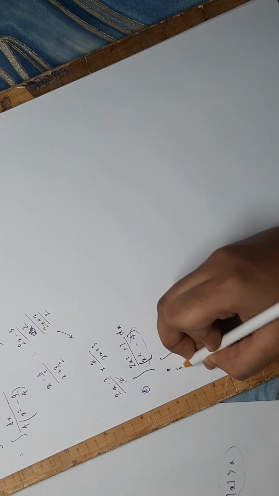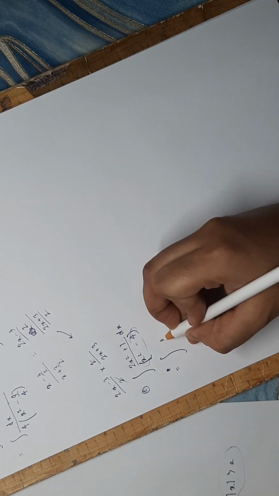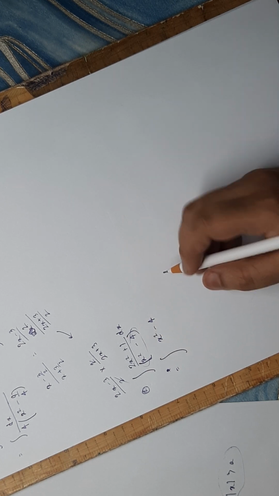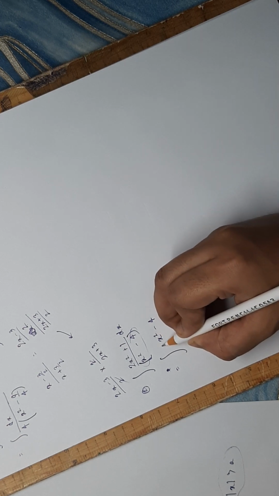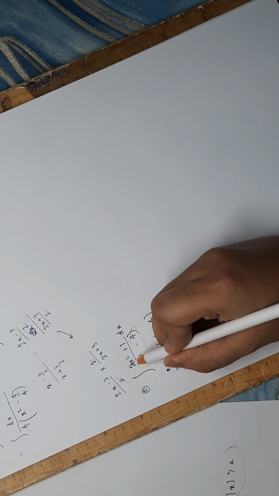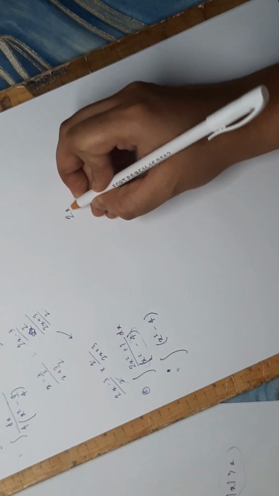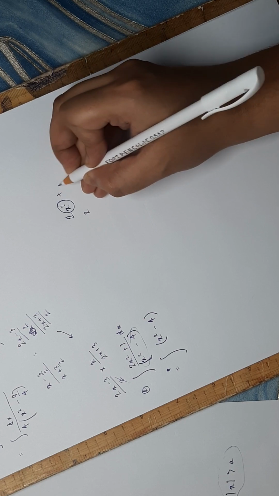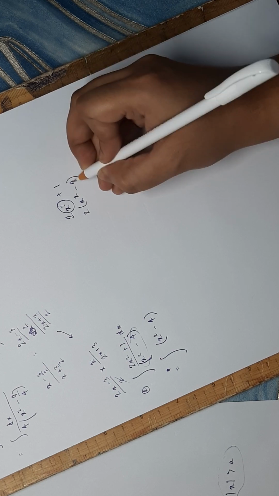What if I take an x square minus 4 here, alright, and in place of this x square, if I replace by an x square minus 4, then what shall I be getting?